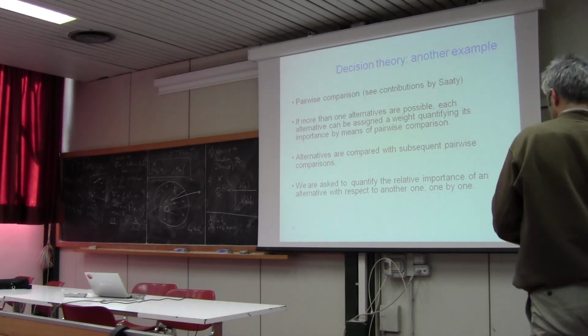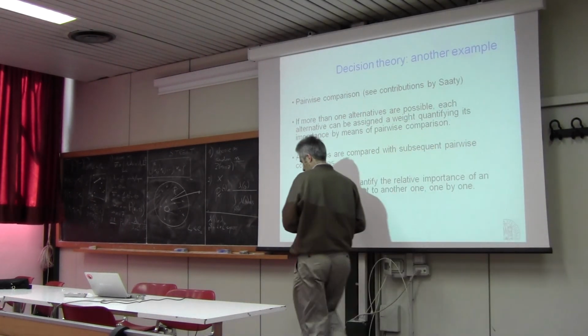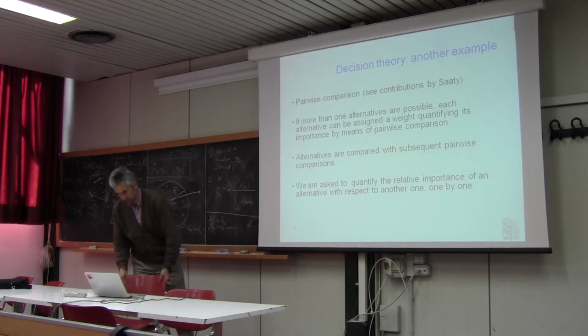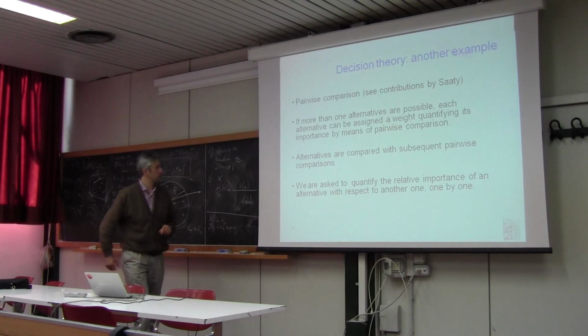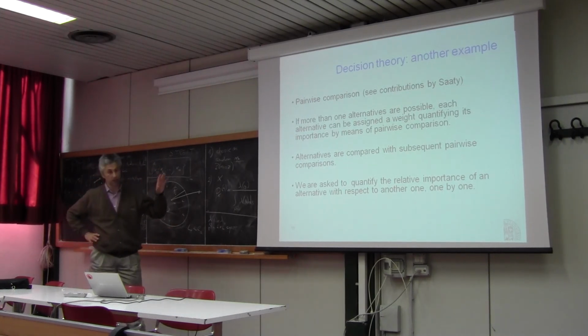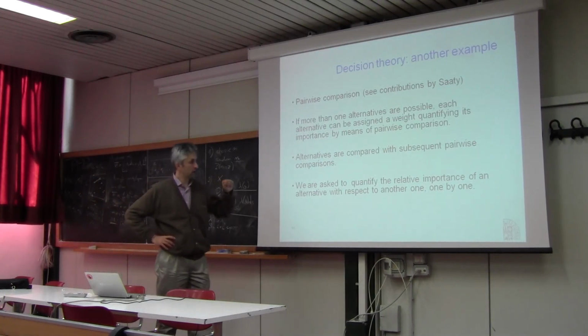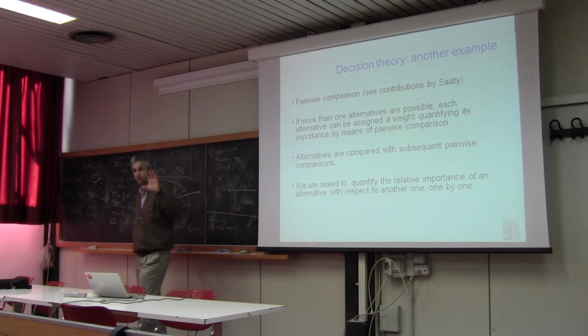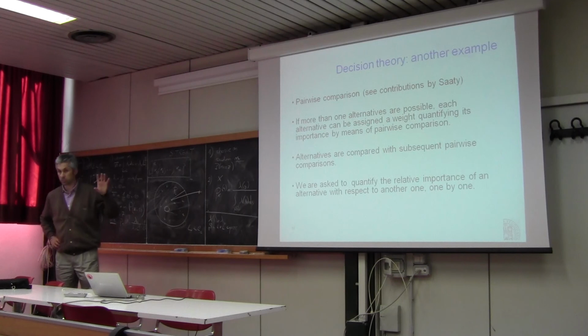Okay, so let me go back now to the issue that we discussed last time, and in particular on decision making. I introduced the problem where different objective functions can be defined, and in particular different objectives.